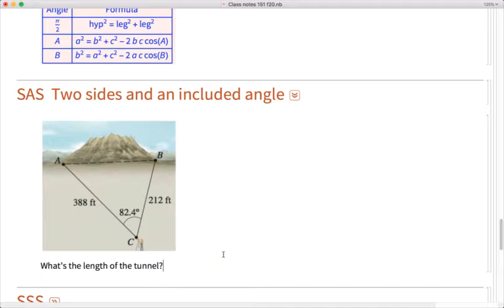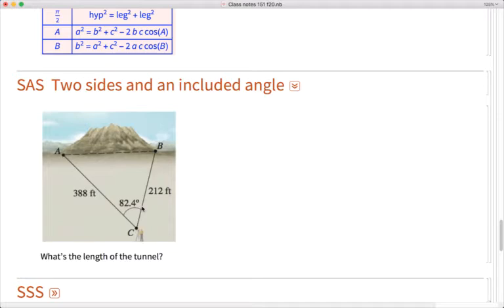Okay, so we're going to apply the law of cosines. We treat 82.4 as our angle. That means it's not a 90-degree angle, but we're going to think of it as if it is. That means this side opposite is playing the hypotenuse.